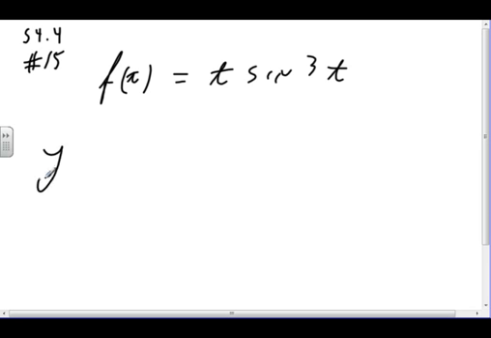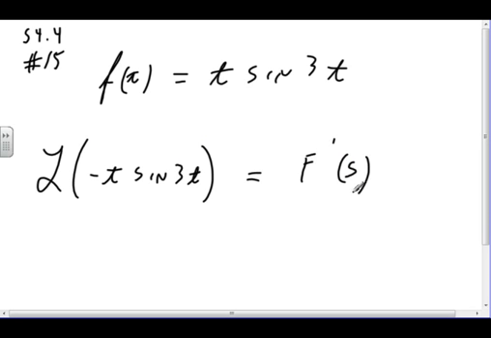So the Laplace transform of minus t sine 3t is going to equal the derivative of whatever that is. Okay. Now I had to put a minus sign there. There's not a minus sign here, so I'm going to have to put a minus sign here to compensate for that, so that I have a minus sign in the right spot.